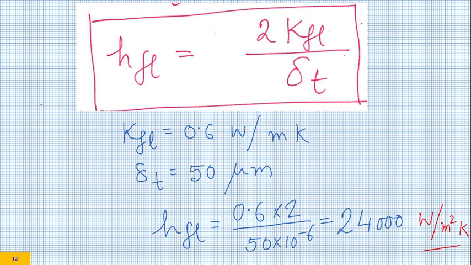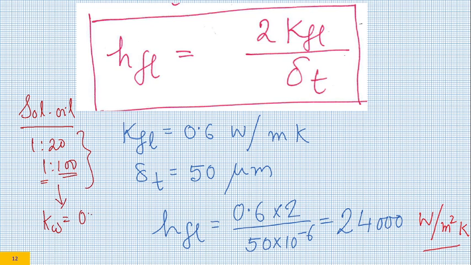So we are using soluble oil. As I said earlier, soluble oil dilution is 1:20 to 1:100, so 99% water, 1% oil. And for water, the thermal conductivity is 0.6 watt per meter per degree Kelvin. So that's what has been put here. The thickness of the thermal boundary layer has been taken as 50 micrometers. And because of that choice, our estimated value of HFL has come out to be 24,000.